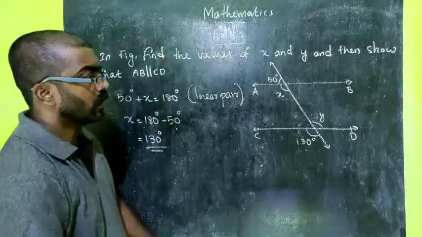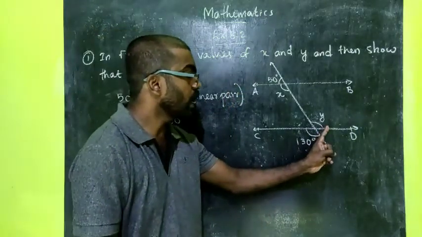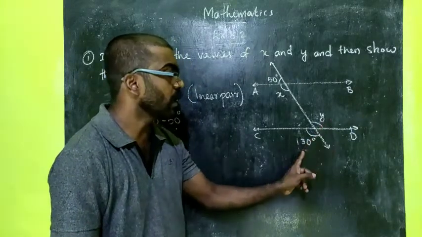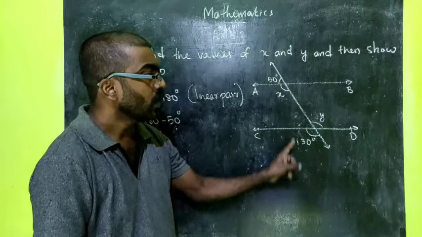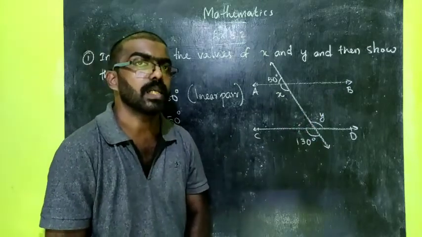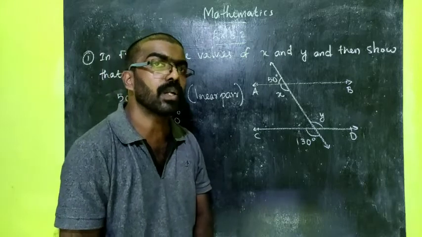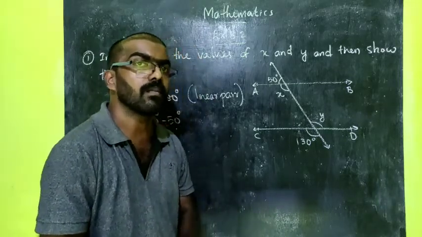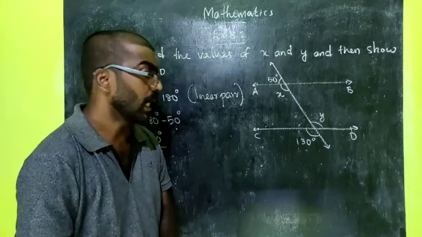Now consider the second one. Here look at the angles y and 130. What is the relation between y and 130? These are vertically opposite angles. And by theorem 6.1, if two lines intersect each other, then the vertically opposite angles are equal.